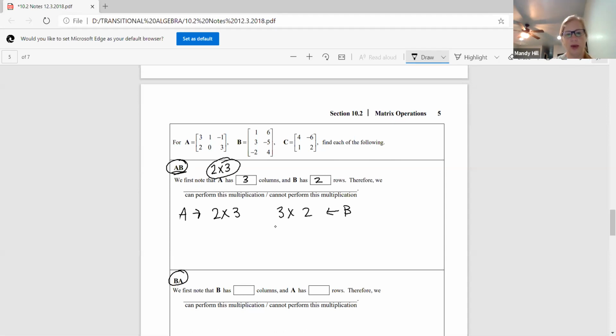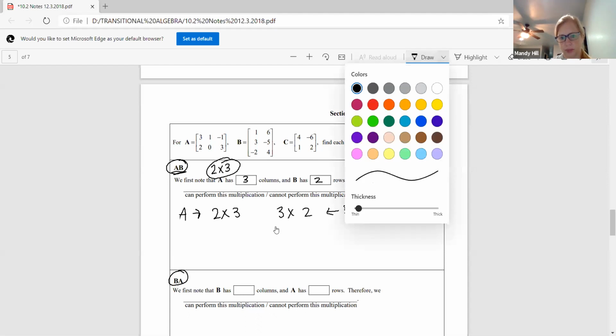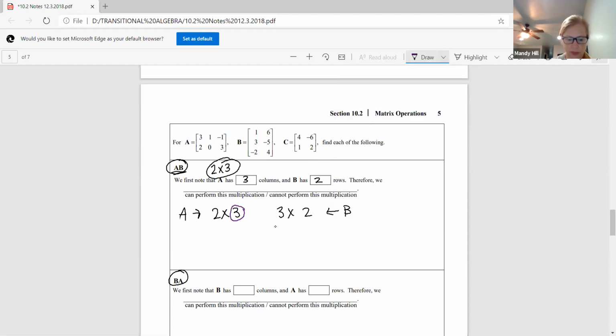We're doing A times B. If this number matches this number, the ones that are right beside each other, then you can perform the multiplication. The 2 numbers have to match. The answer that we got when we did it on the calculator was 8, 9, -4, and 24.